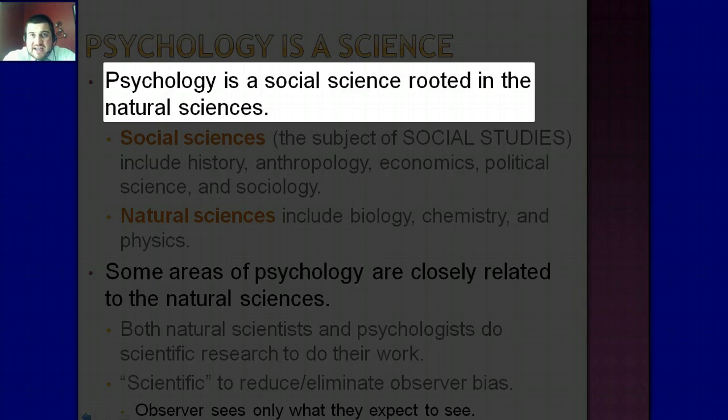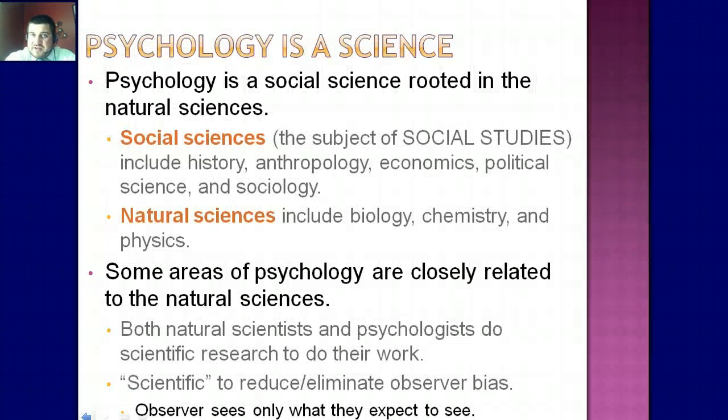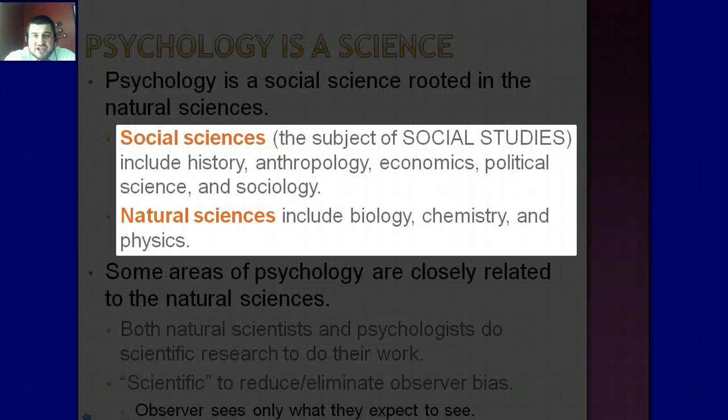So social sciences are the study of people and their systems, and those include history, anthropology, economics, political science or government, and sociology, or the study of groups of people and societies. The natural sciences, which you've been taking your whole life, are biology, chemistry, and physics, or any number of combinations or subfields of those.